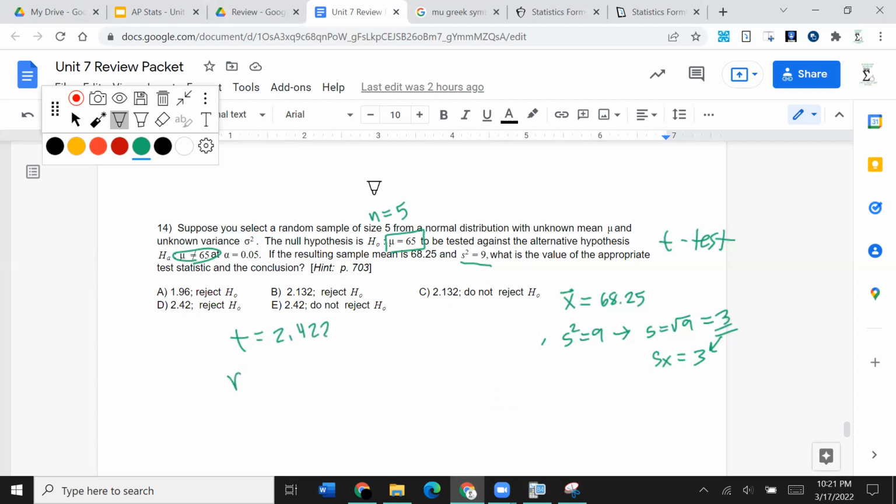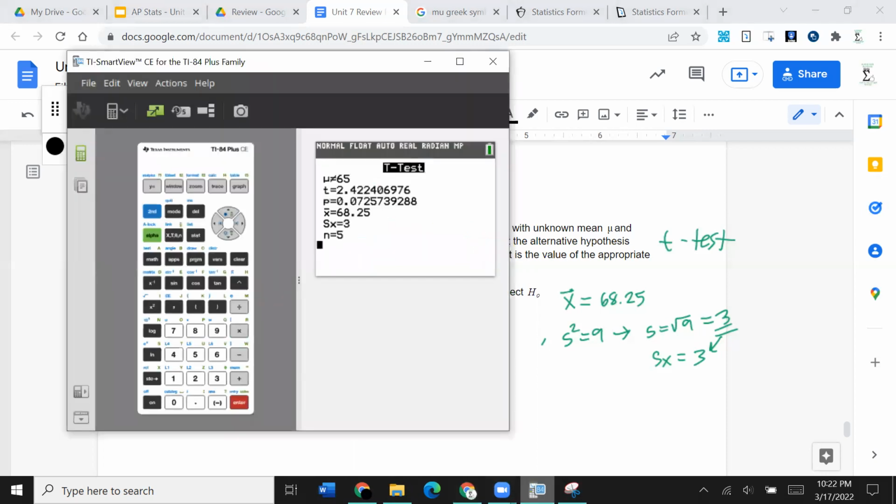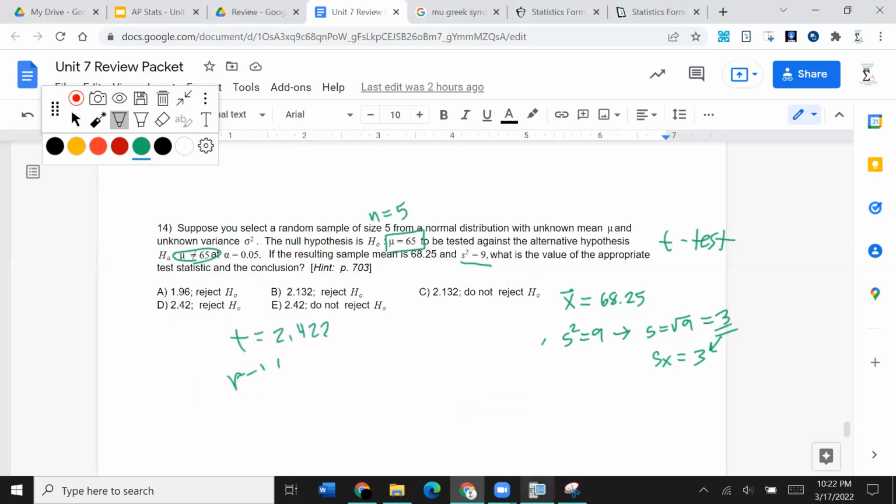And our p-value is going to be 0.0725. So since our p-value is, it's not very large, but 0.0725, it's higher than alpha, so it's greater than 0.05.